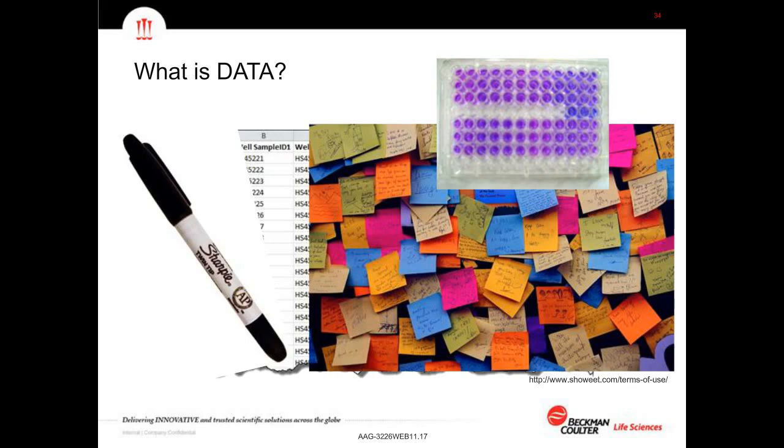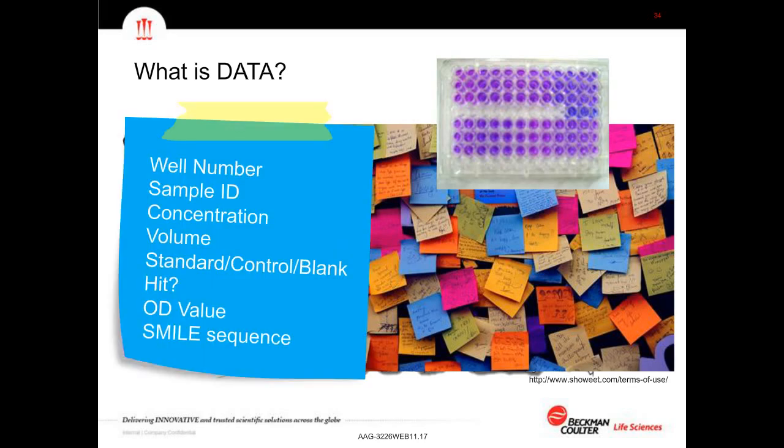So as we look at data through this talk, I want to talk about some specific process level data. It could be something like the identity of the well, and the sample ID that's inside of it. Could be the concentration or volume of a well. Is this well being used as a standard, a control, a blank, or is it an assay well?